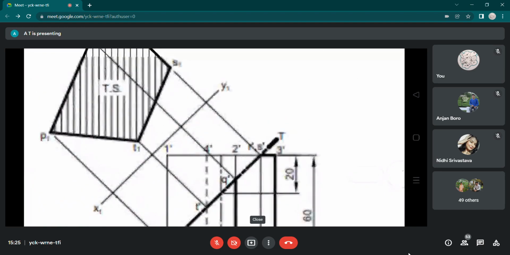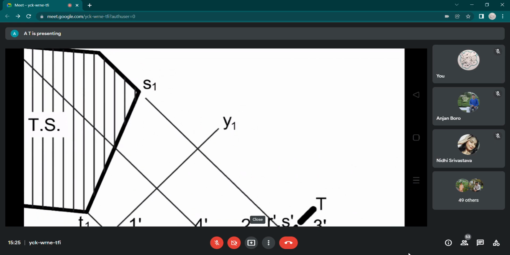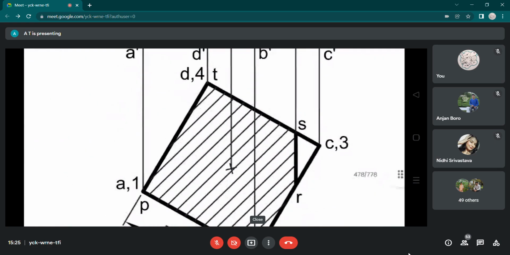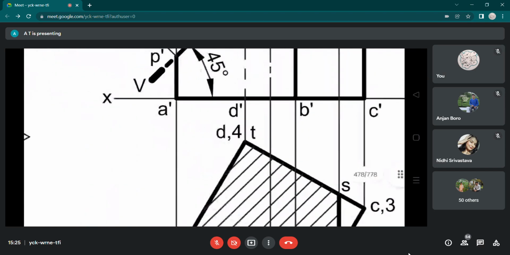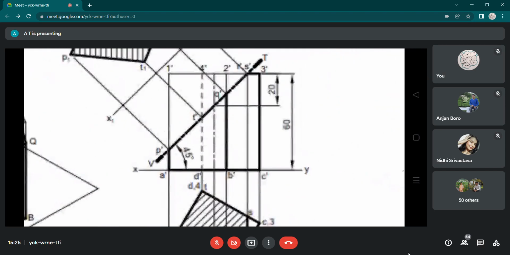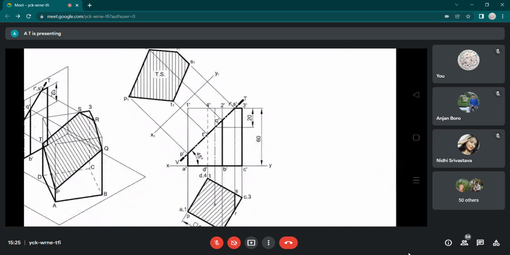How did you get this S1 point from X1, Y1? Same distance of this point S from X and Y. Is it clear, this problem? Yes, sir.